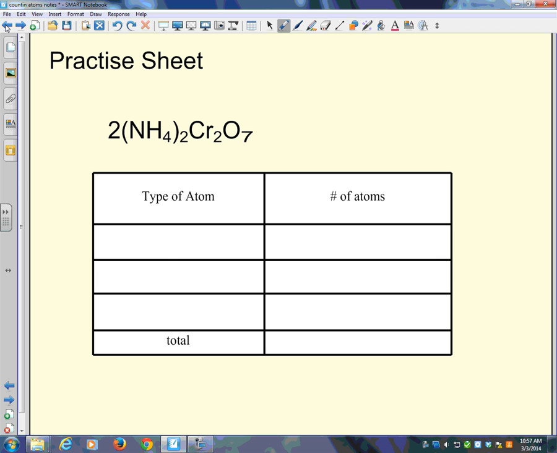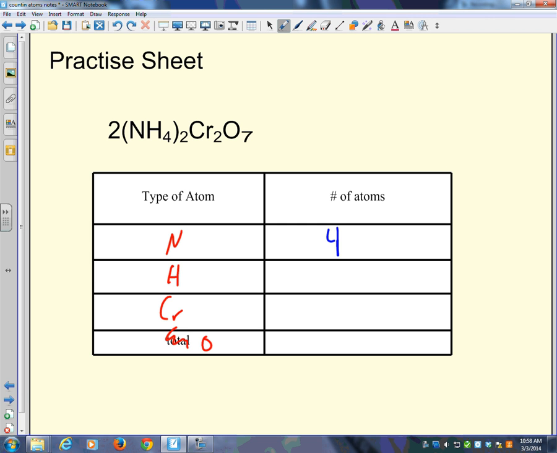Okay, so I got N, I got H, Cr, oh, I'm missing one, aren't I? I'm missing a spot, and I got an O. Okay. How many N's, Troy? These 2, right? Yeah, there's 2 NH4s, right? So this 2 goes with the N, and then there's 2 of those. So there's 4 N's.